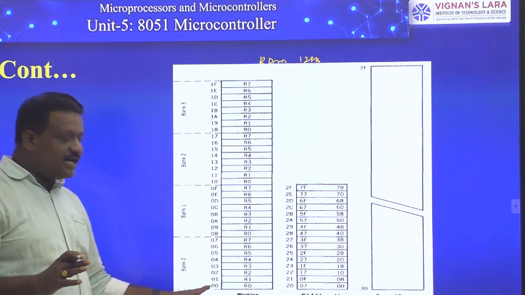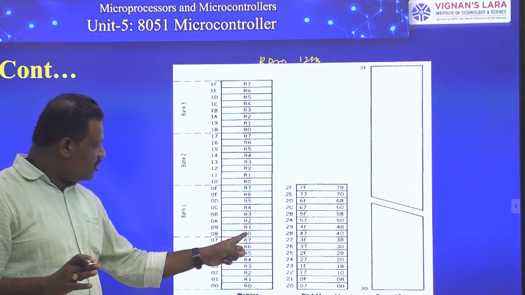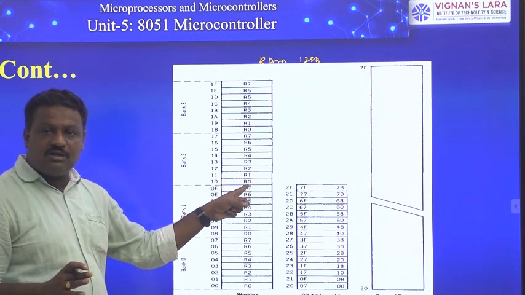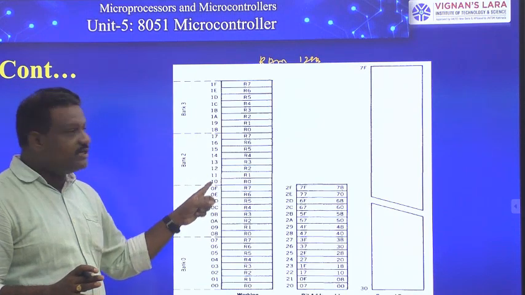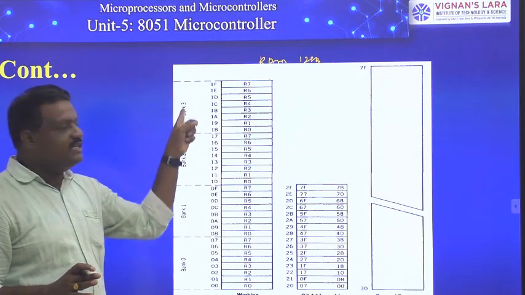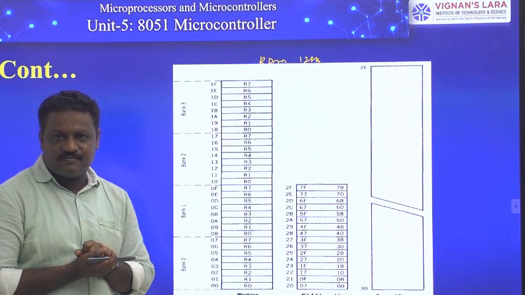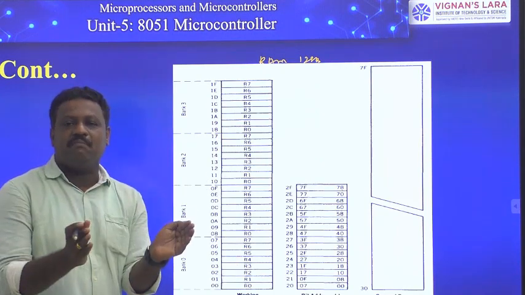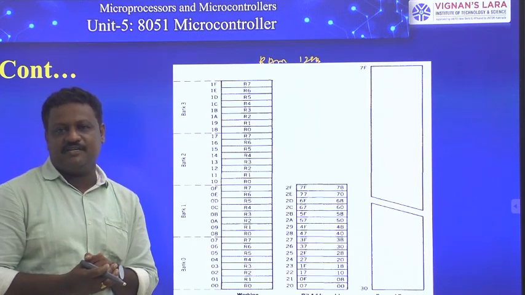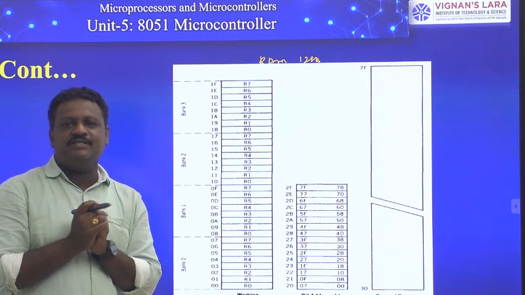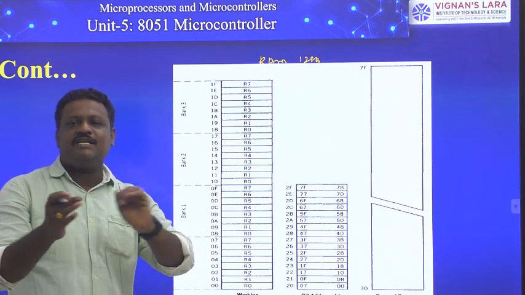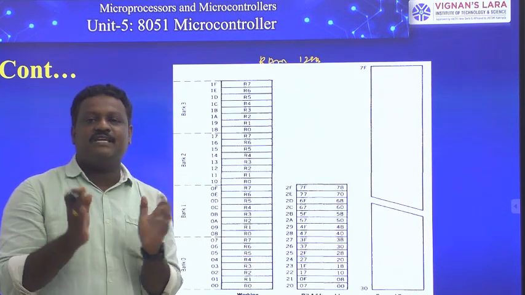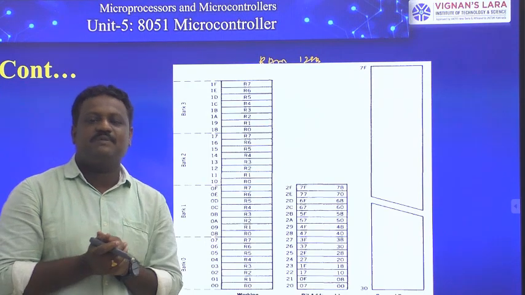R0 of bank 0 has address 00H, R0 of bank 1 has address 08H. Similarly, R0 of bank 2 has address 10H and R0 of bank 3 has address 18H. Here these banks' register names are the same, but their addresses are different. And one more important thing: if you observe the entire architecture of 8051, we don't find many working registers or general purpose registers.